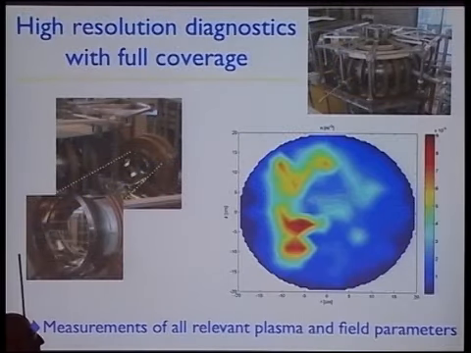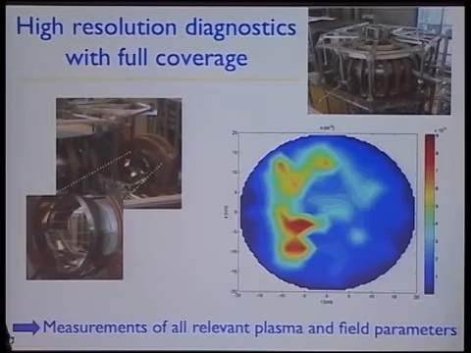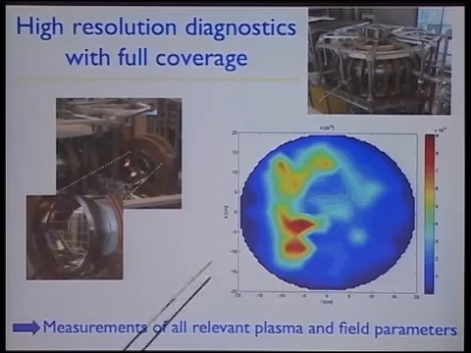So the big advantage of TORPEX is that the plasma is relatively cold, so one can stick a probe into it and get very detailed measurements of the dynamics. Here is, for example, one of the probes that samples TORPEX turbulence, and here is one of the results which shows turbulence in a cross section.